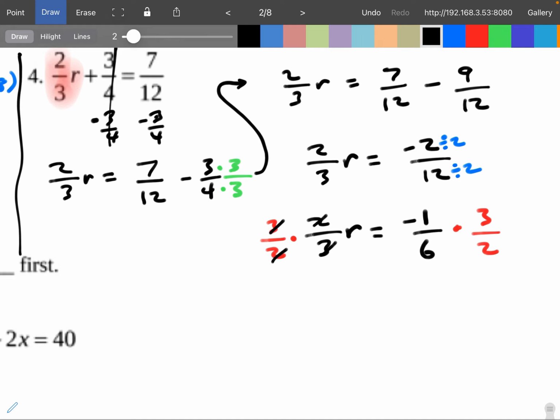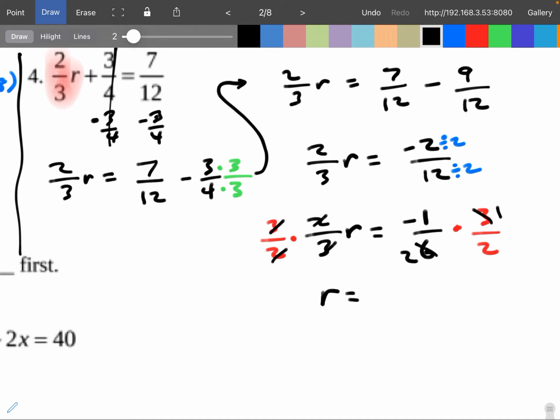Well, again, just like yesterday, now these 2's are going to cancel, these 3's are going to cancel. So I just get 1 r on the left-hand side, which is what I want. And on the right-hand side there, I could just multiply straight across the top and straight across the bottom. But if I cross-cancel, my answer will already be reduced. So what's 3 divided by 3?